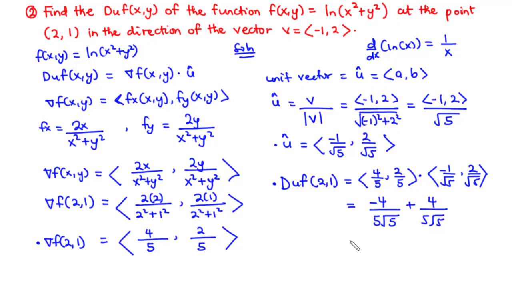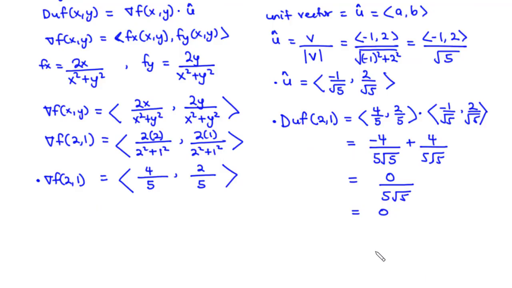Now you realize that here we have a common denominator, so we basically add the numerators. So -4 plus 4 is 0, so we have 0 divided by 5√5, and 0 divided by 5√5 is equal to 0. Therefore, the directional derivative of the function at the point (2, 1) is equal to 0.